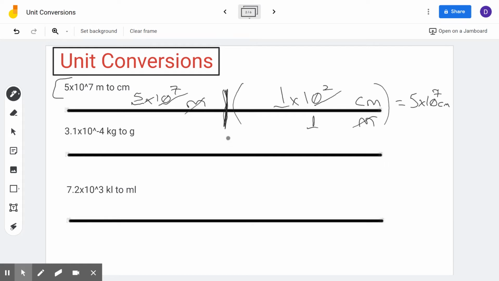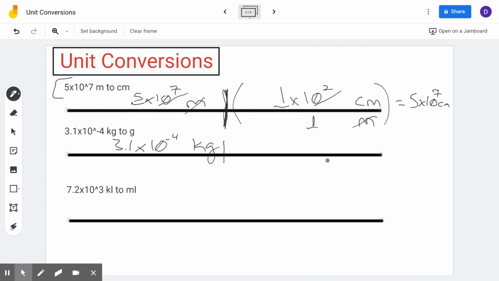Here, kilograms to grams. Again, we're only doing one conversion. I'm going to put the kilograms up here. All right. That is where you start with these every time. So 3.1 times 10 to the negative 4 kilograms.